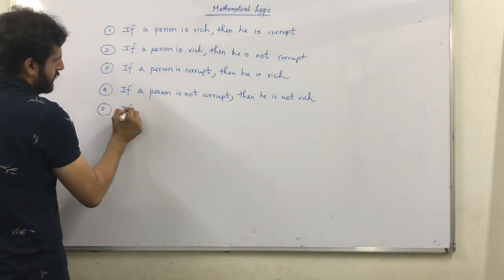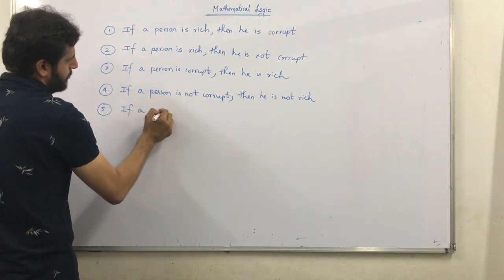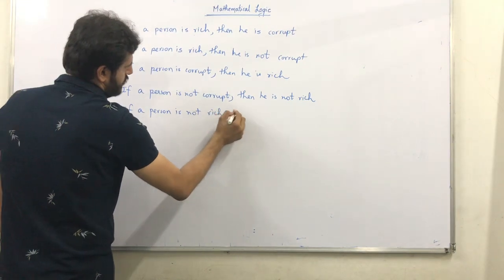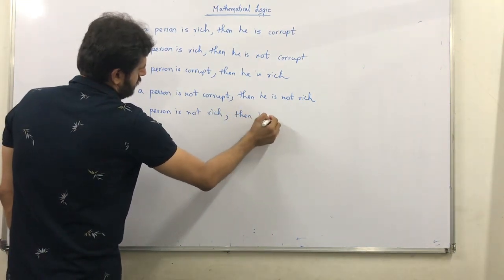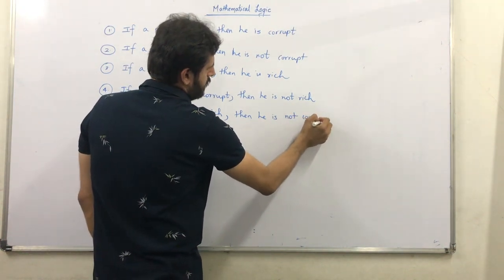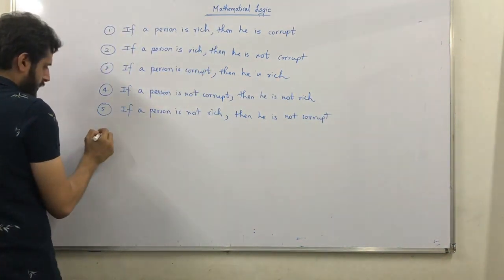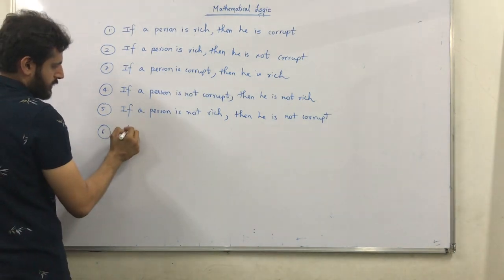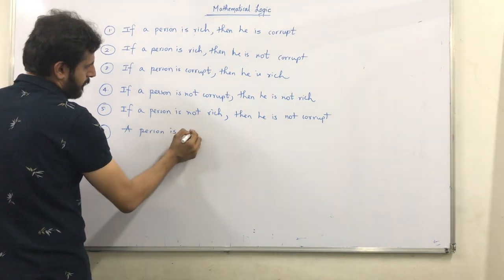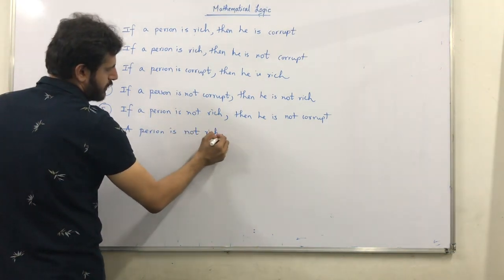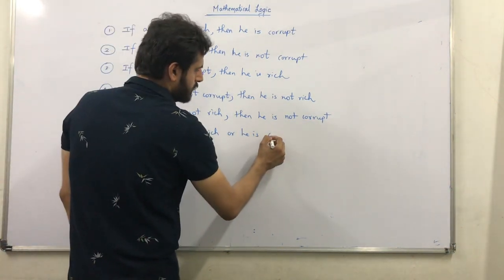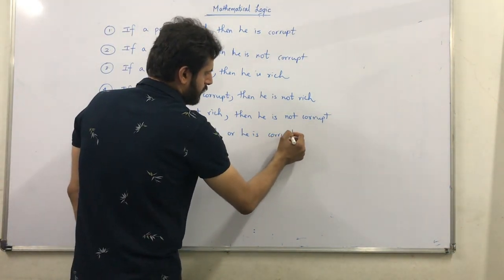Fifth statement is, if a person is not rich, then he is not corrupt. Sixth statement is, a person is not rich or he is corrupt.